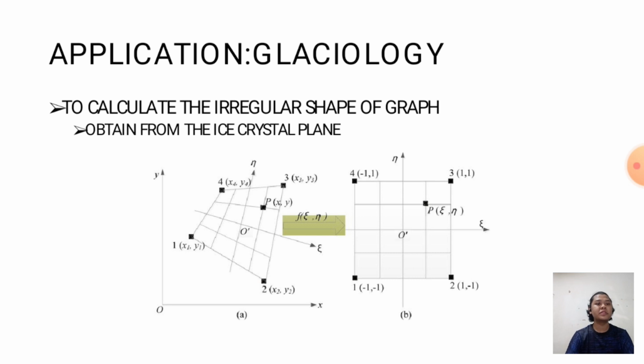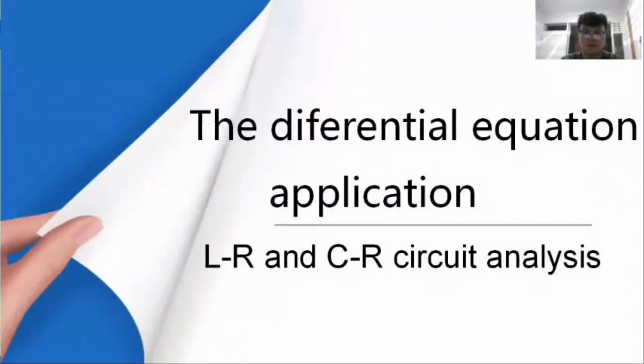By using this formulation, we can transform the irregular shapes of the plate into the regular shape of the plane. You can see on the left side the irregular shapes, and on the right side the regular shapes. So this is for the application. Thank you.